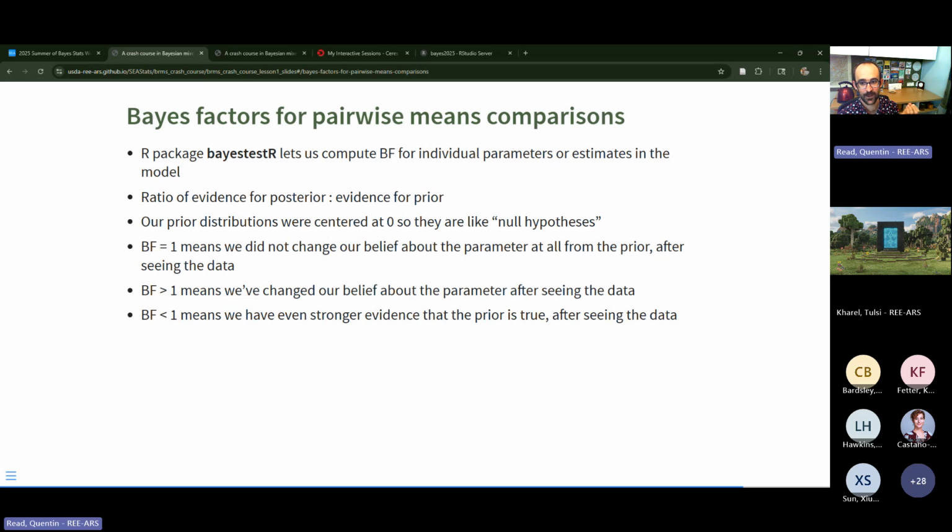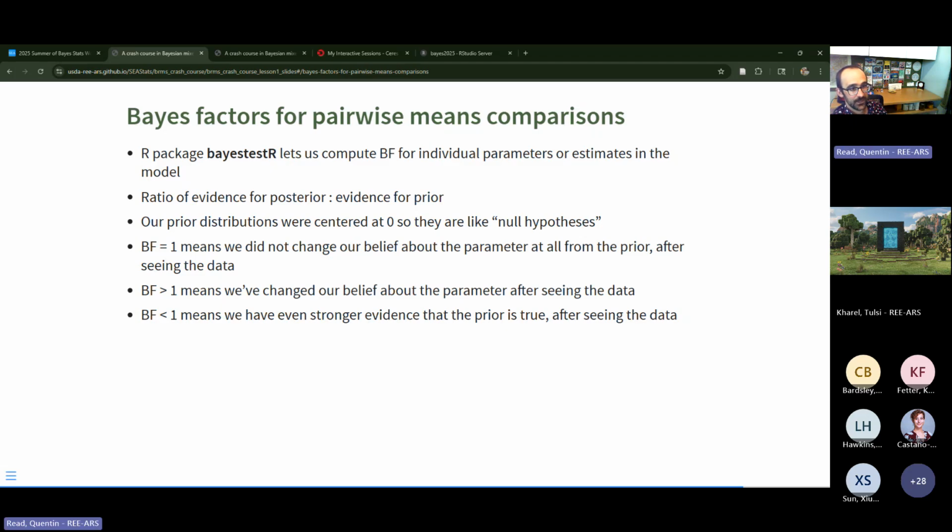You could think of that almost like a null hypothesis. We said we're assuming that there's equally likely to be a negative and a positive effect. The mean is centered at 0. We've got sort of null priors. So you could think of this Bayes factor almost like a null hypothesis test, because our priors are like a null hypothesis. They don't have to be. You could have a prior that's not a null hypothesis, but in this case they were.